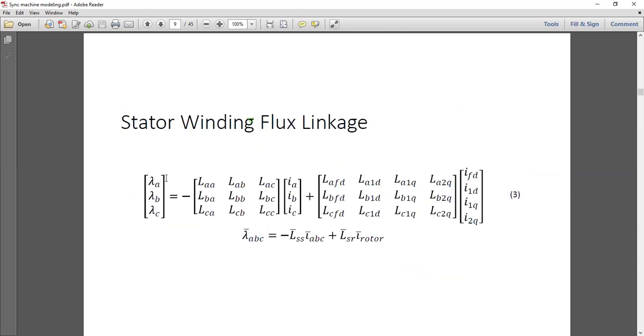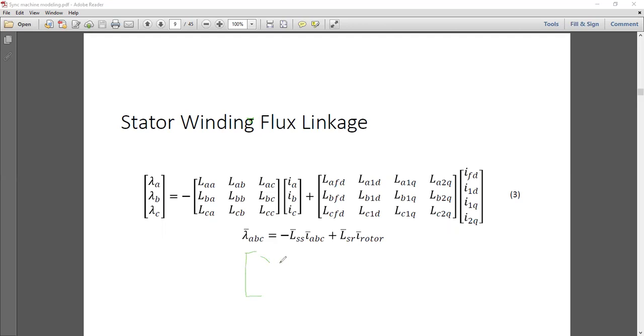So this is our original equation number 3, where we had the matrix, lambda ABC equals minus LSS IABC plus LSR I rotor. But we need them in the form of lambda D, lambda Q, and lambda 0. So what to do? We can write this again in vector notation.